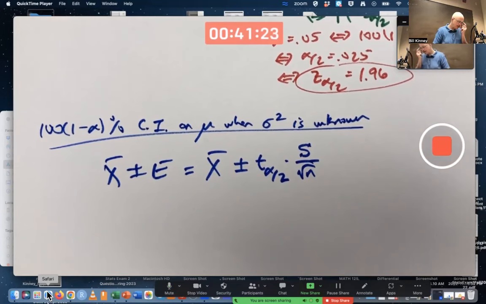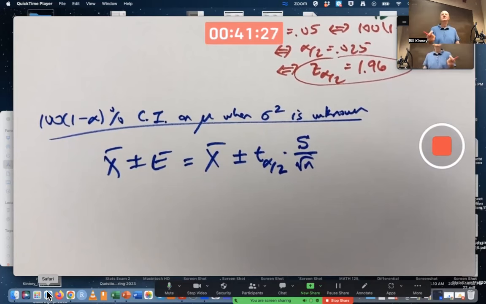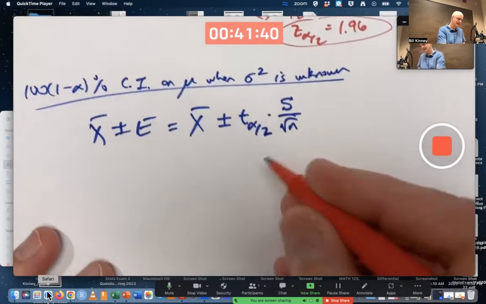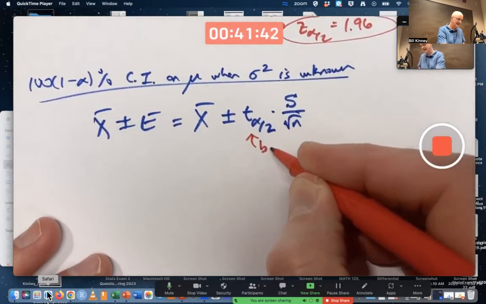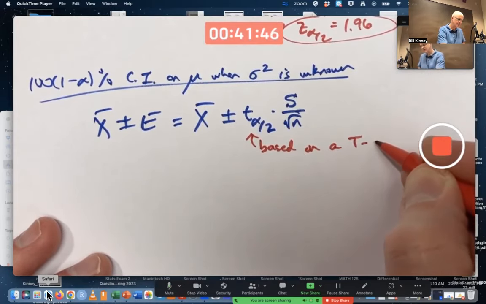The t is a critical value of a t distribution, but which t distribution? We barely introduced t distributions for a few minutes at the end of class on Tuesday. Let's get into a bit more depth about t distributions. Initially I'll just say this is based on a t distribution.